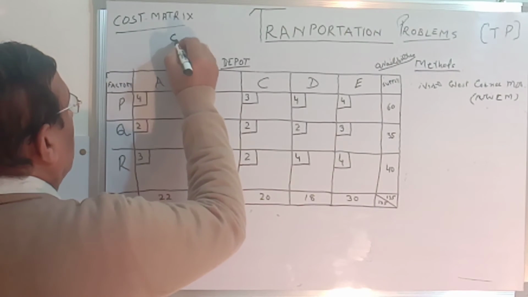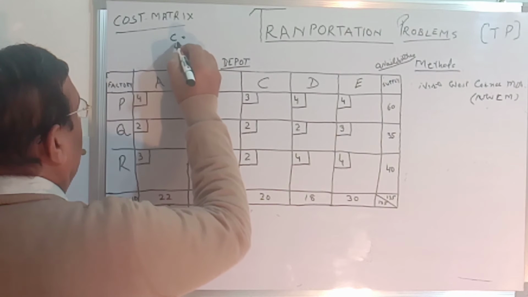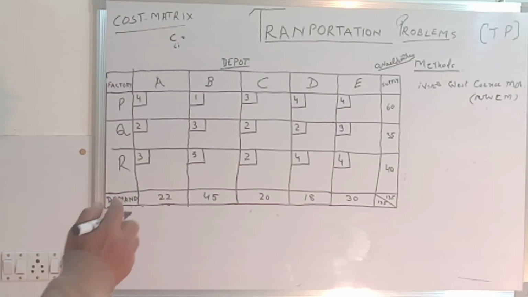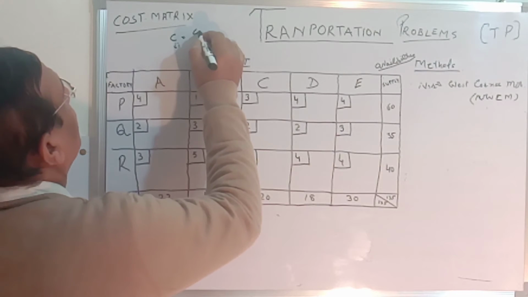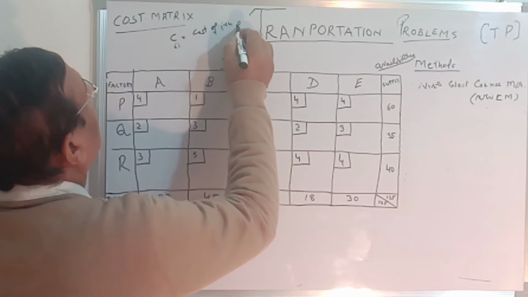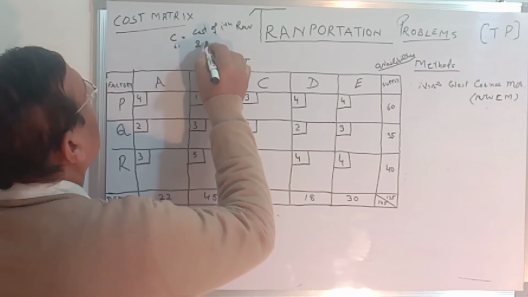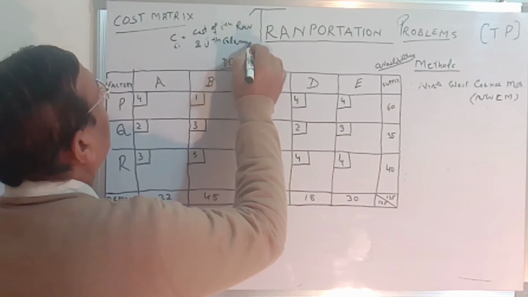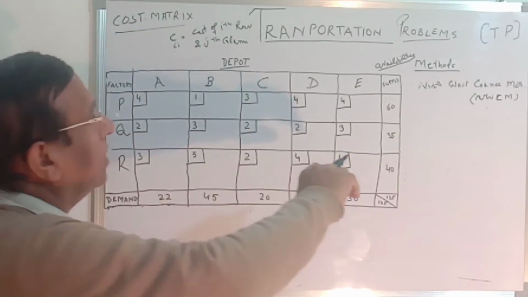C is the cost of i, j. i is the row number and j is the column number. So Cij denotes the cost of the ith row and jth column.